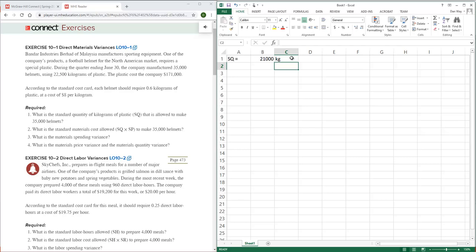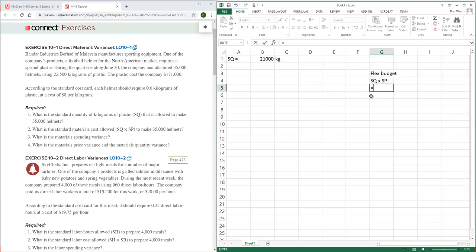Requirement 2 said, well, what's the standard materials cost allowed? So that's the SQ times SP to make 35,000 helmets. And if we think about it in terms of our overall variance analysis framework, we'd be looking at that far right column, right? The standard quantity times the standard price, which was essentially our flex budget.